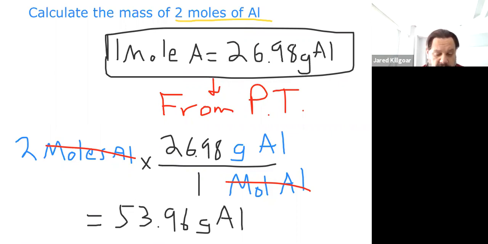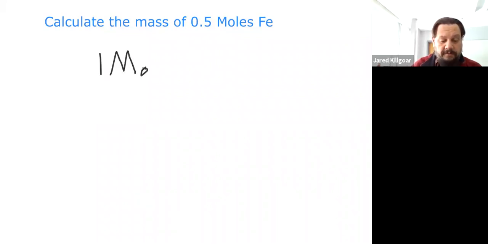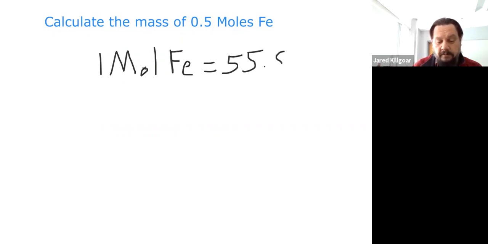So the next one we talked about. Calculate the mass of 0.5 moles of Fe, which is iron. So similar to that, first thing I do is I find iron on my periodic table, Fe, and I look up on the periodic table and I find 1 mole of Fe, iron, has a mass of 55.85 grams.